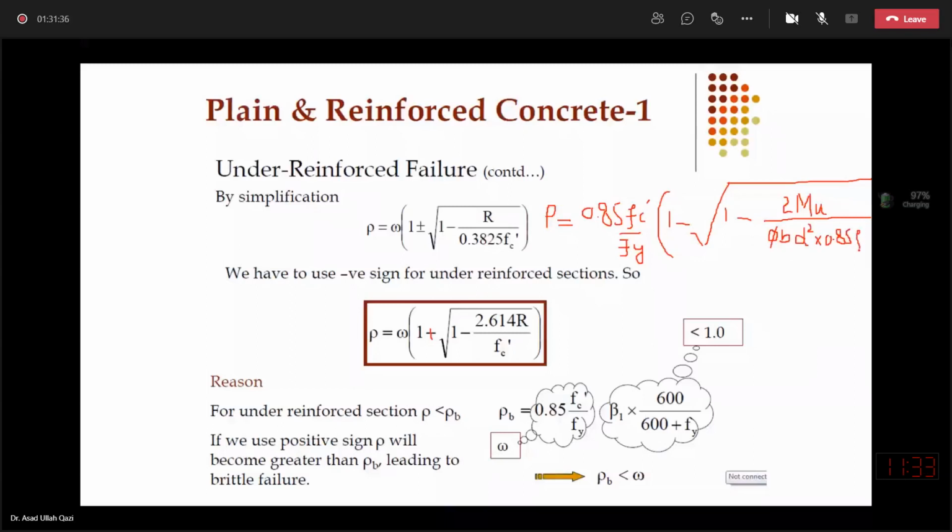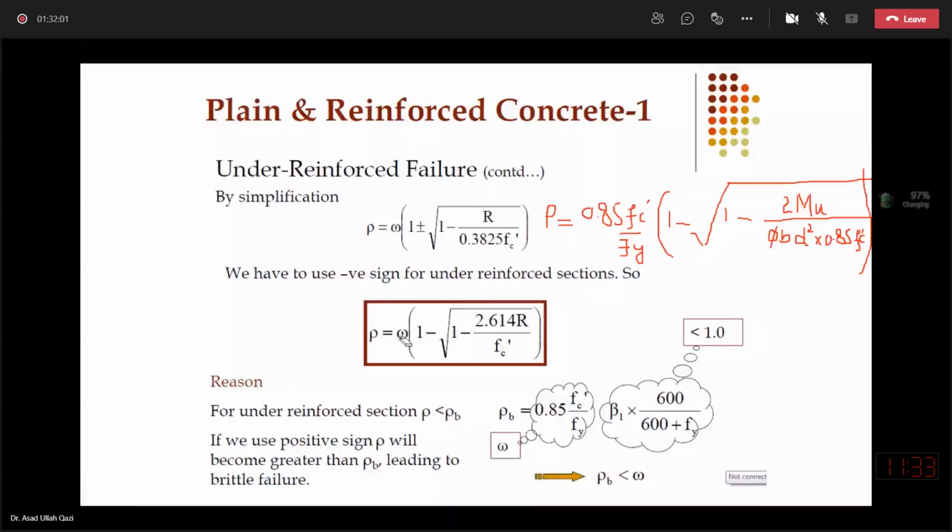So I normally use this equation rather than using this one, which has some substitutions, where you are putting R instead of Mu over b d square, and here it is 0.85 fc prime fy. The original equation is this one.